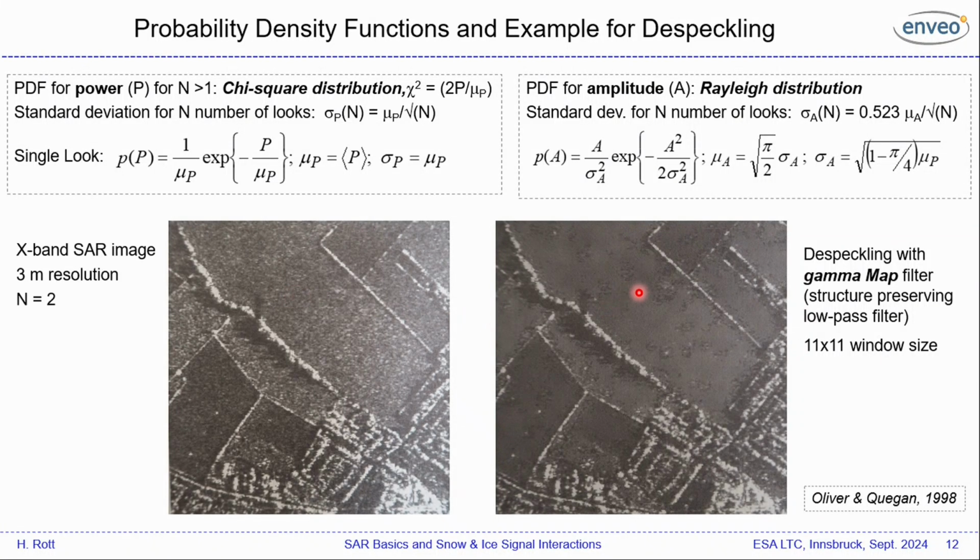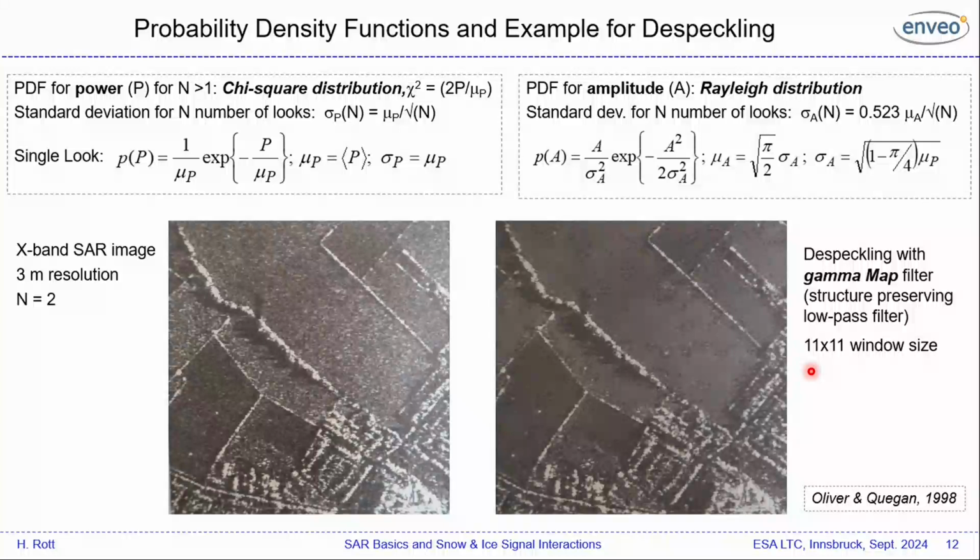And this is now filtering over 11 times 11 pixel windows, which is quite a lot, with a so-called gamma map filter, which preserves the structure. It's a low-pass filter, but it has some additional function, not just block averaging.